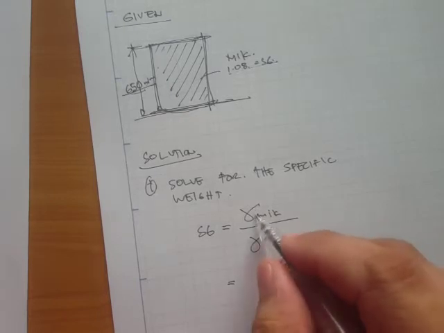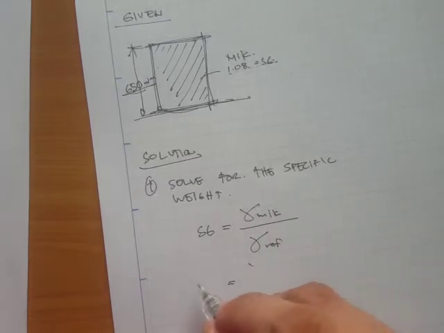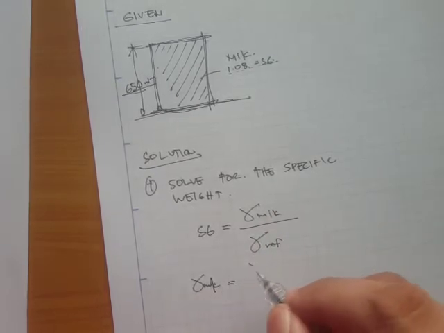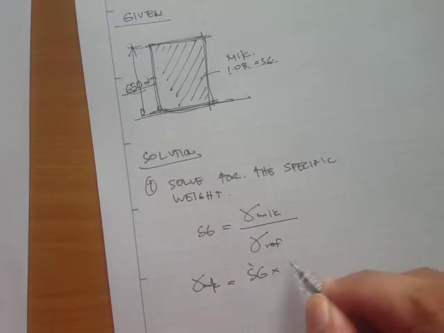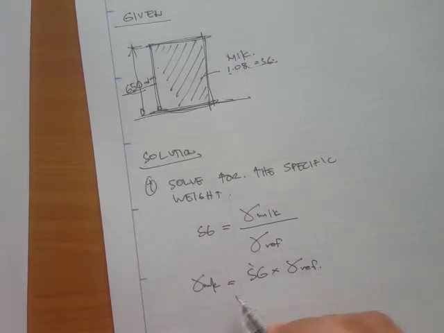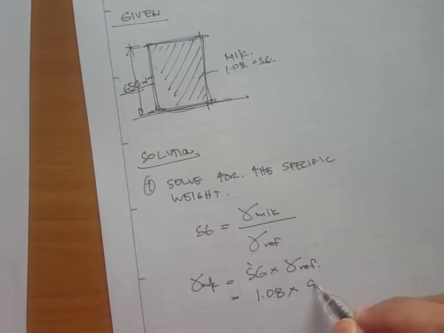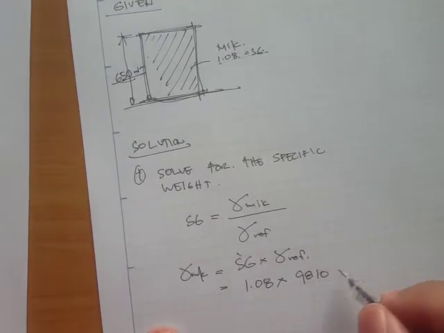So the unit weight of milk is simply Sg times the unit weight of the reference fluid. So that is 1.08 times 9,810 Newton per meter cubed.